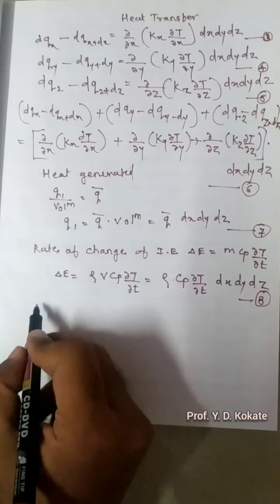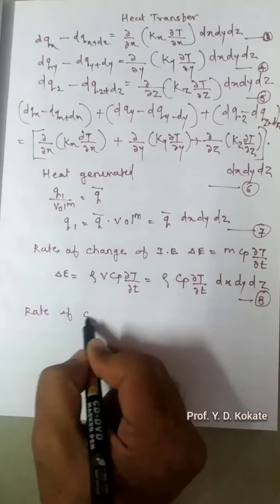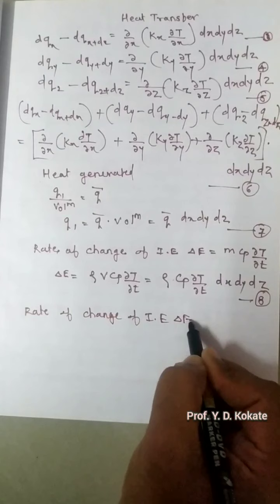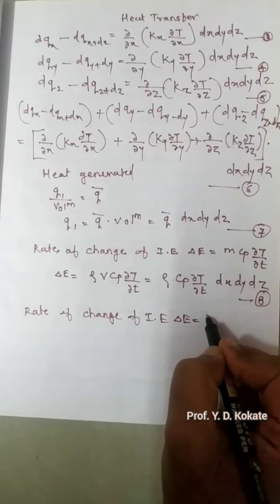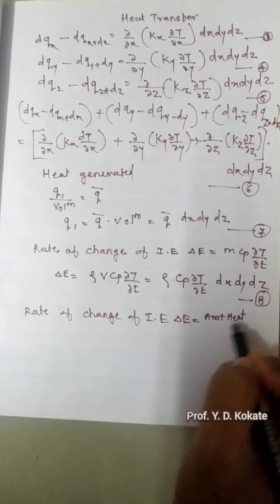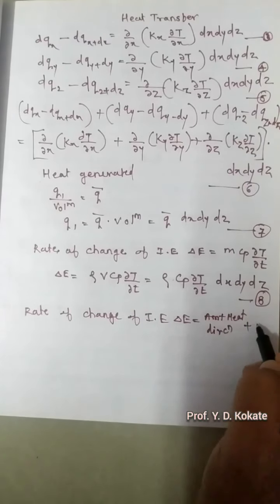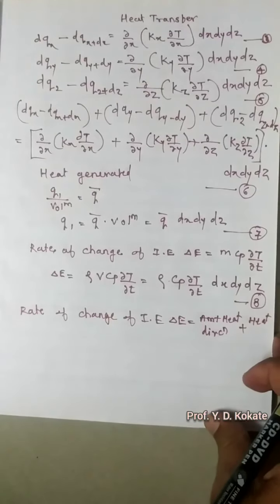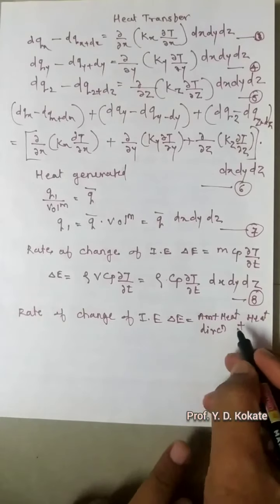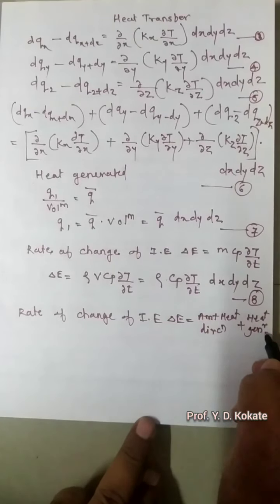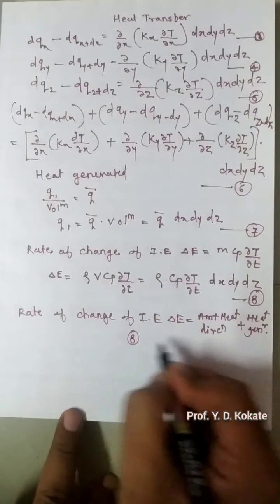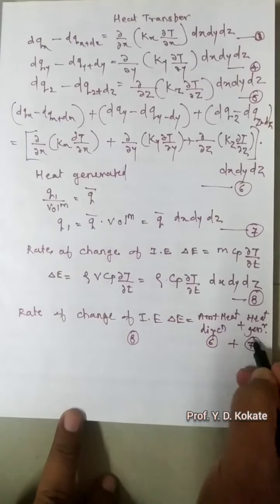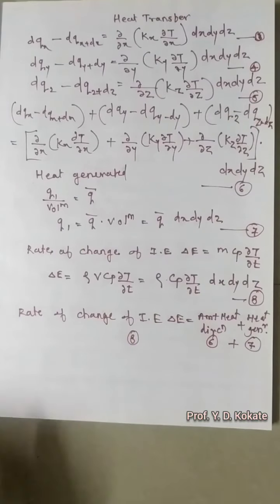So we can write the rate of change of internal energy, delta E, is equal to the heat transfer in all directions plus heat generated. This is equation number 8, this is equation 6, and this is equation 7. So we can add these.